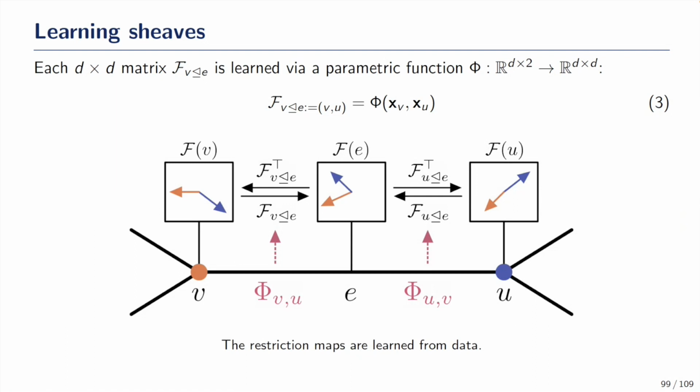You go with this function over all the edges of the graph, and you fill in these matrices. Yeah, question. You asked how you pick a basis for these things? We just work in the standard basis.